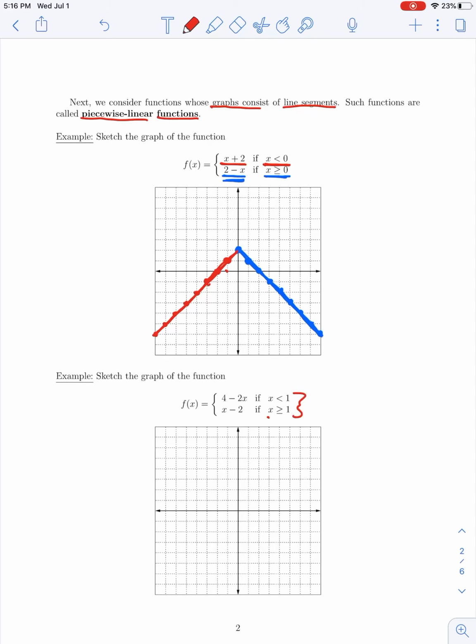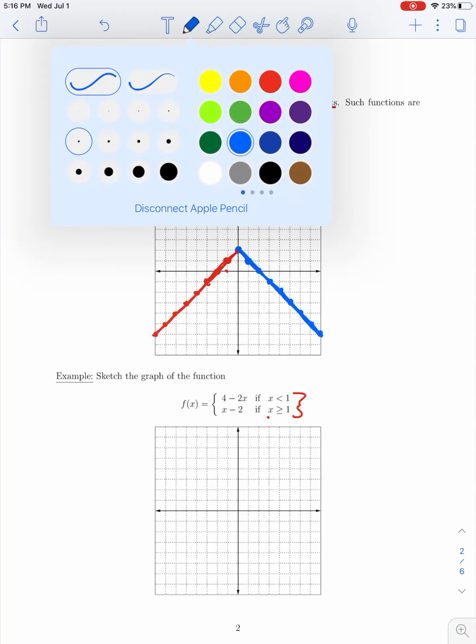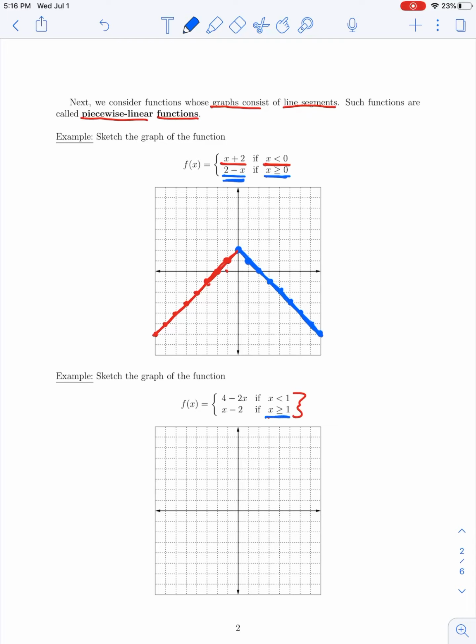So let's start by looking at the values of our function where x is greater than or equal to 1, starting at x equals 1 itself. So when x equals 1, the value of our function would be x minus 2. So 1 minus 2 gives us a -1. And then looking at the form for the equation of this line, we have x minus 2.